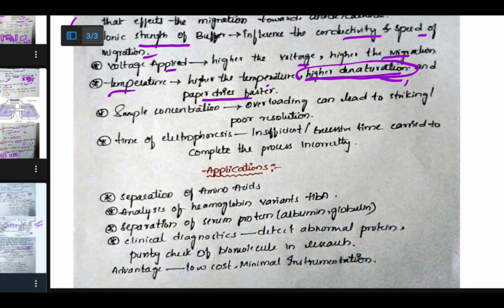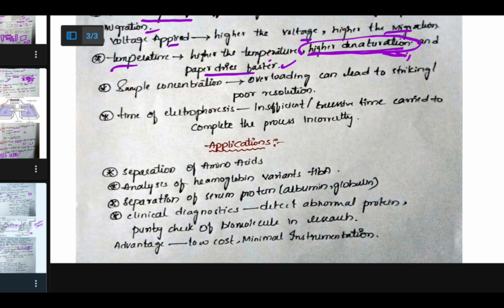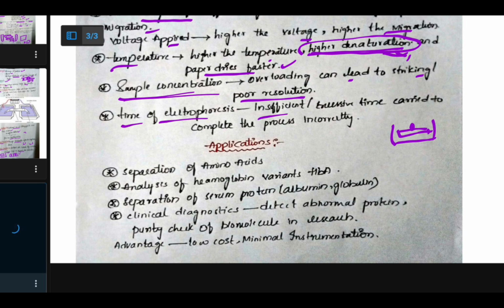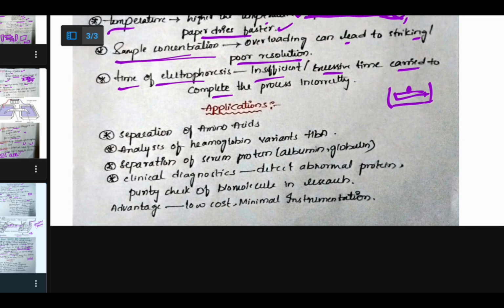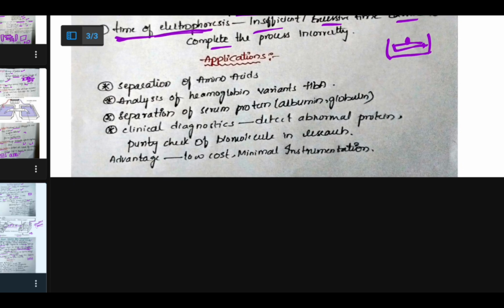Sample concentration: overloading can lead to streaking or poor resolution. I've told you we have to use micropipettes for the sample quantity, not concentration. The concentration should be normal. Time of electrophoresis: insufficient or excessive time can make the process incomplete or incorrect, so the time must be optimum.